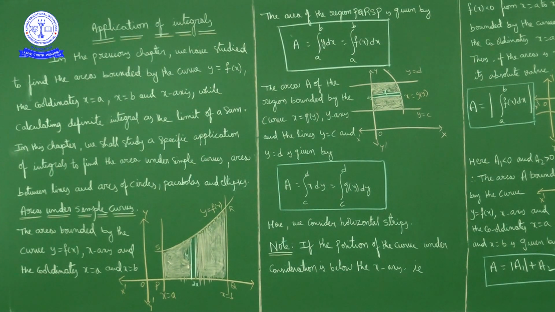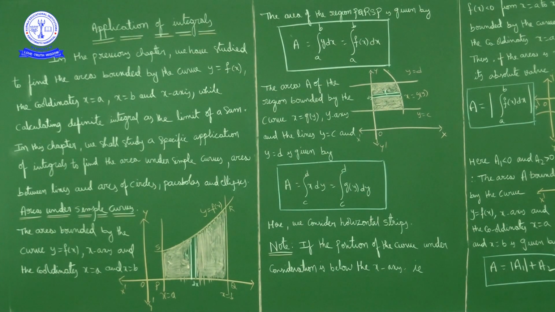So the area bounded by the curve x is equal to g of y between the limits y is equal to c and y is equal to d is given by integral c to d x dy or integral c to d g of y dy, okay? Now here we consider horizontal stripes.